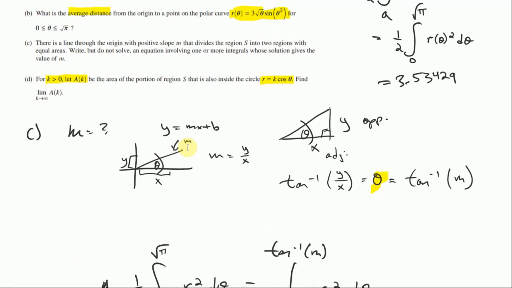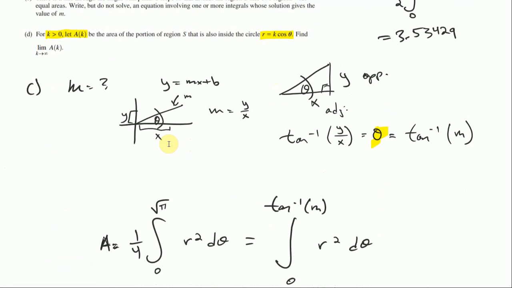The limit as k approaches infinity of A of k is equal to the integral from 0 to pi over 2 of one half r squared d theta. And then to find that, we're just going to plug in our r squared.